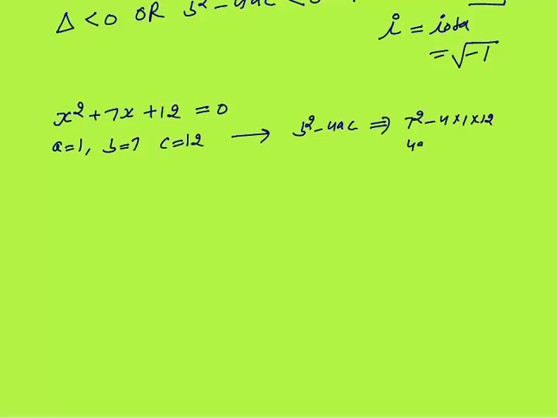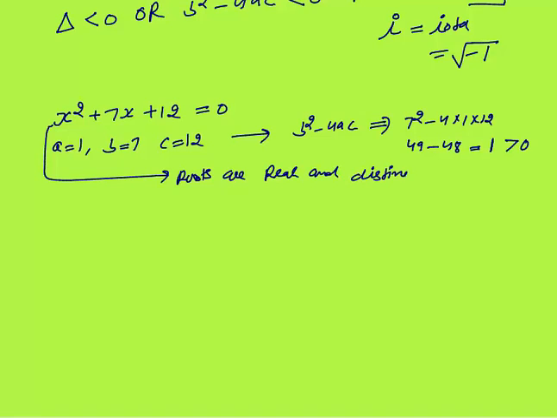This is 49 minus 48 equals to 1, which is greater than 0. So we can say that for this equation the roots are real and distinct. Its roots, we know, will be minus 3 and minus 4. You can see that roots are real and distinct.